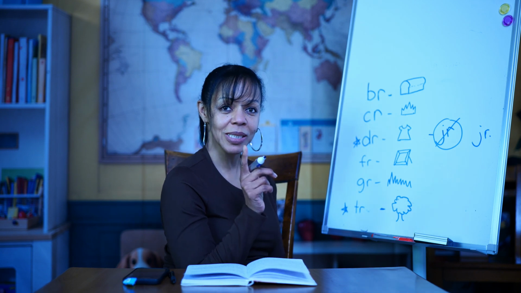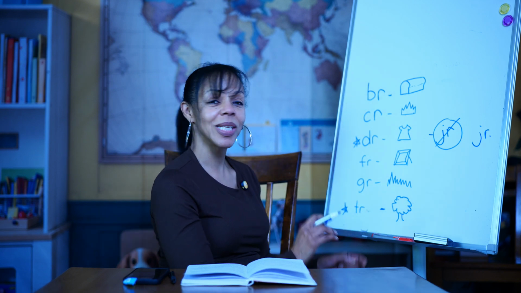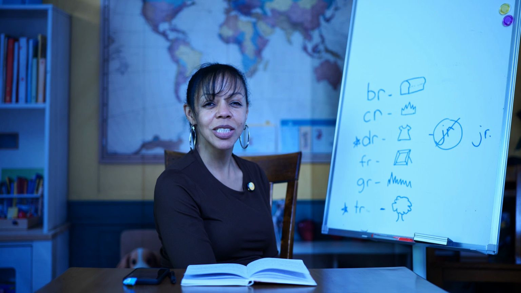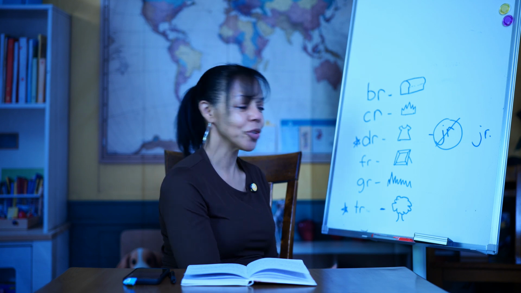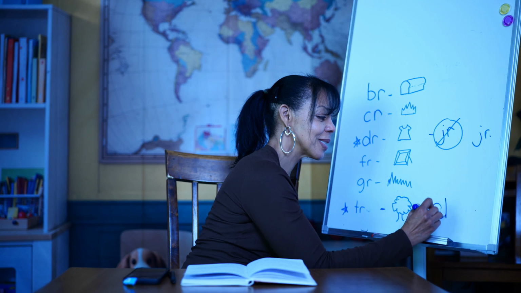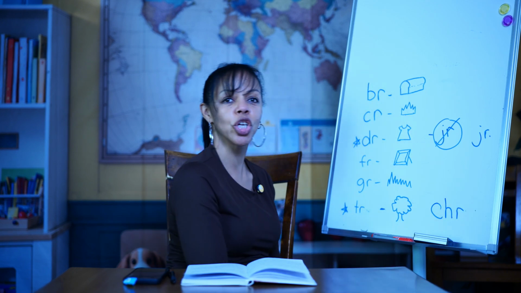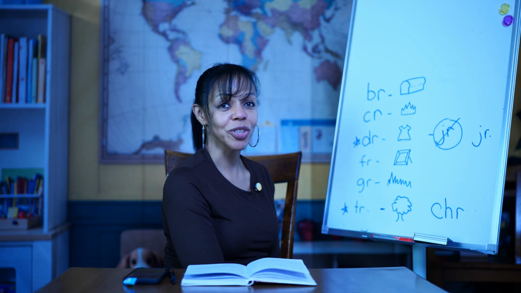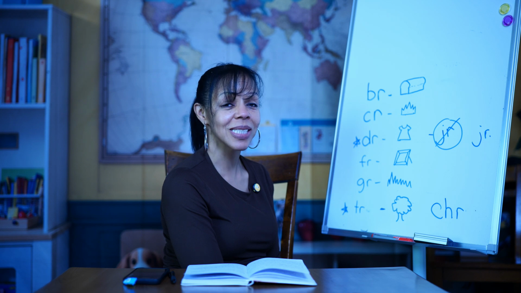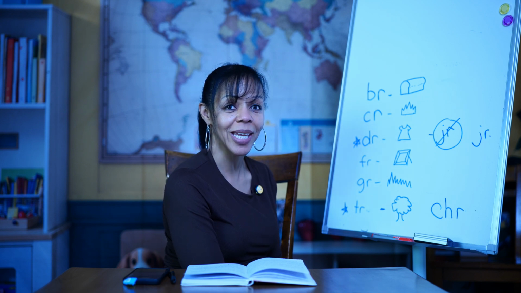Teach that explicitly. And then the other one is TR. Listen to this. Tree. Some children hear this. Cherry. And they will start the word tree with CHR because they hear tree.